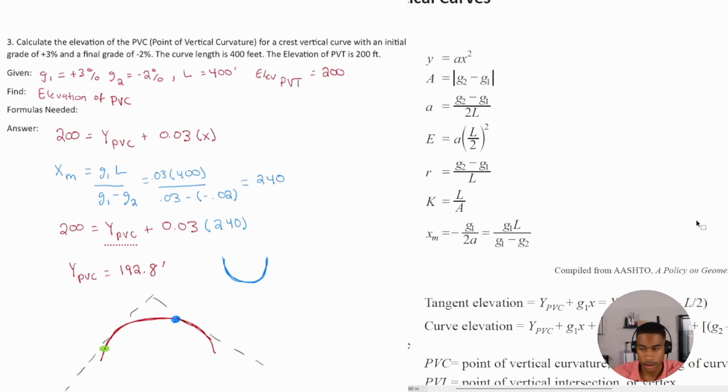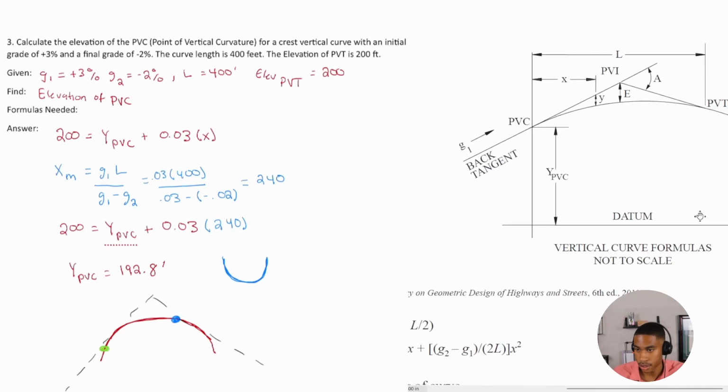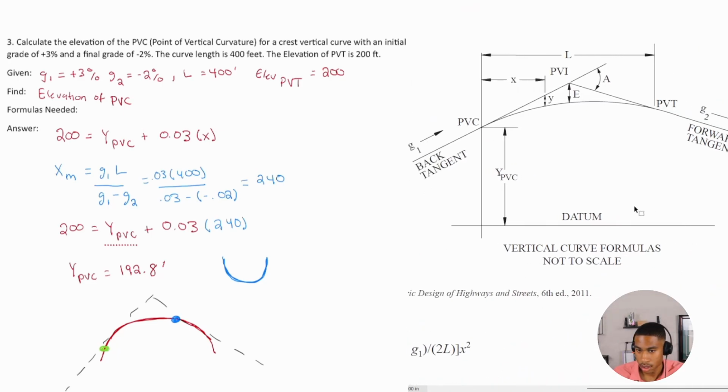Similar to how they drew this, right? Our PV, the blue point is our PVT. And that elevation is at 200. And this point to the left is our PVC, this green point.